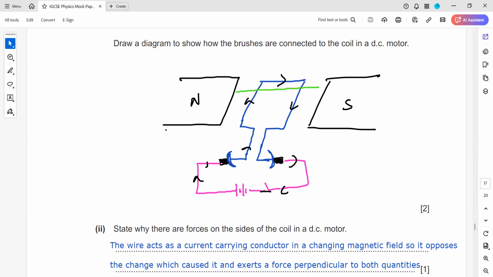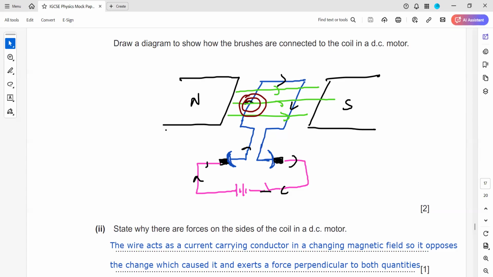One is the magnetic field of the magnet, which is from north to south, and another is the magnetic field of the wire, which is circular. A current passing through a wire produces a magnetic field. So the magnetic field of the wire interacts with the magnetic field of the permanent magnet and experiences a force.